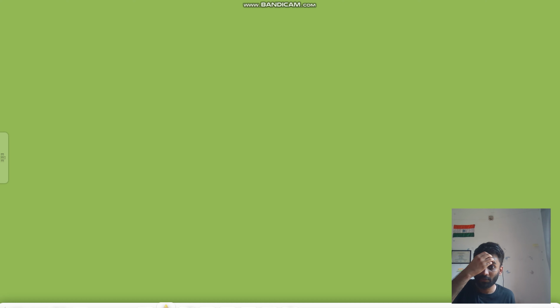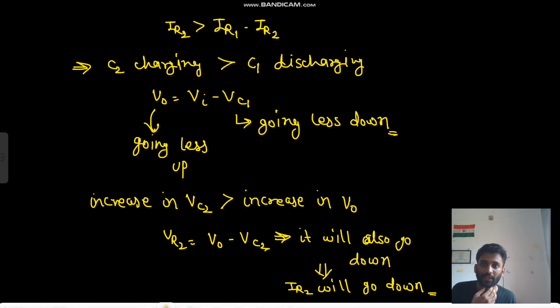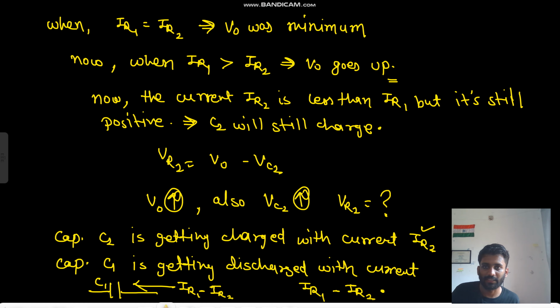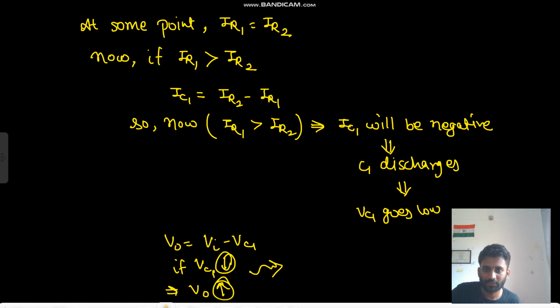And since VC1 is getting discharged, that I told you, right? C2 will still charge. Yeah, VC1 goes low.